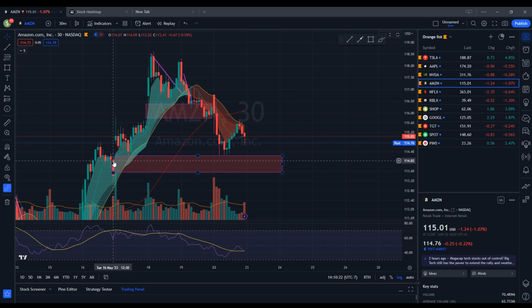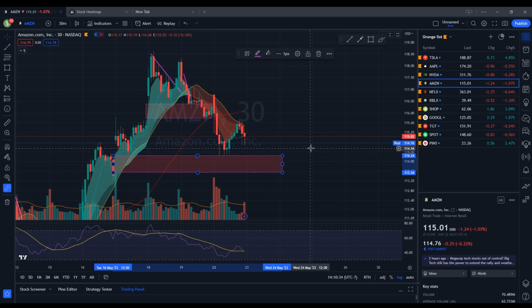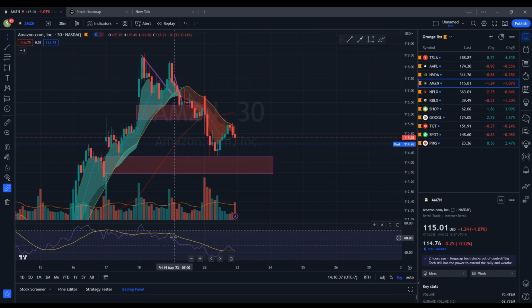Amazon, there is a small little gap fill here. It used to be up to here, but notice how it hit it and then rejected. So I moved the rectangle down here. Ours is getting towards the bottom here.